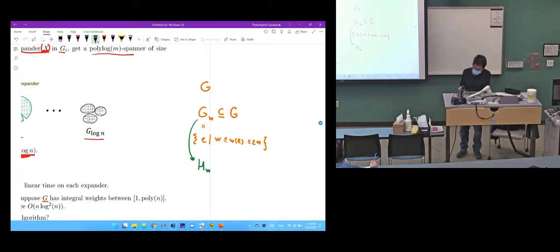Now I think of G_W as an unweighted graph, like everything has uniform weight of size W. So the weight would be off by at most a factor of 2, because they are all kind of the same weight anyway. And then I compute the sparsifier of G_W and I get H_W, right?